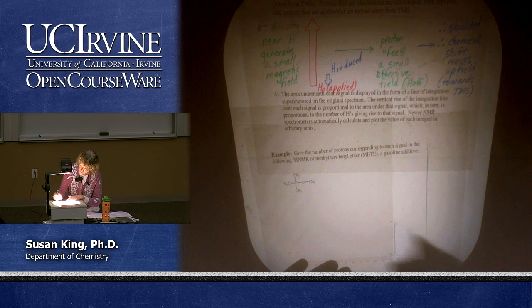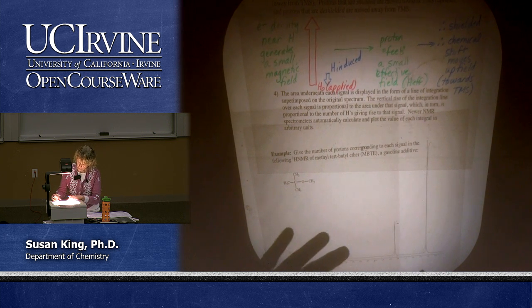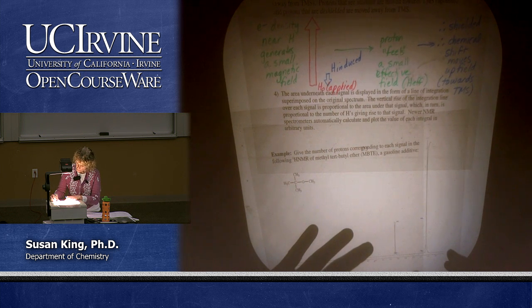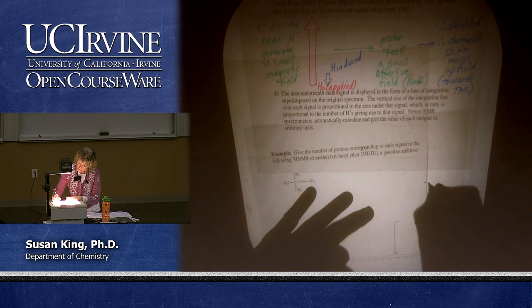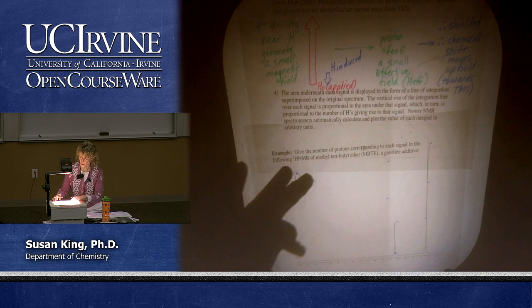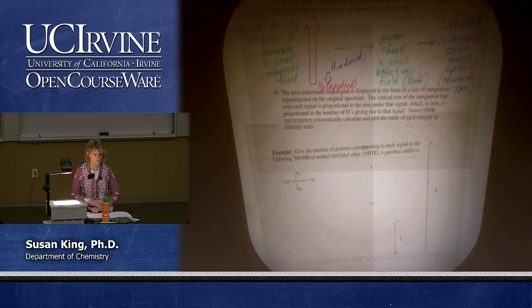I'm just going to go here like that. I'm going to call that 1 unit. And then if I come over here, that's 1, that's 2, and that's 3. So you might not need to use a ruler. So this is 1 unit, and that's 3 units.